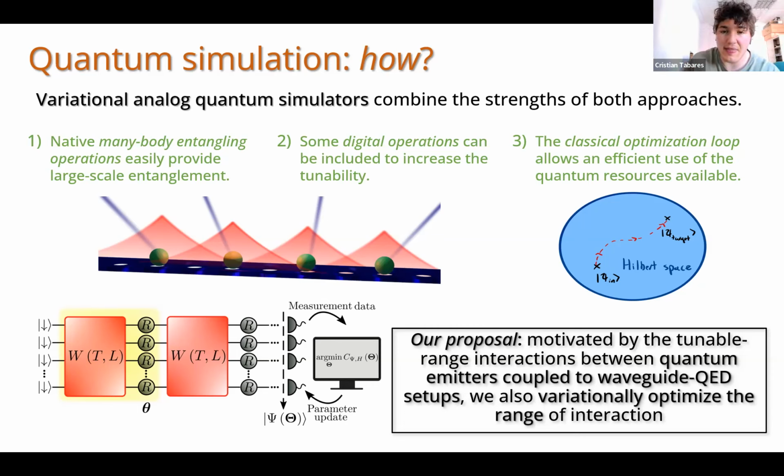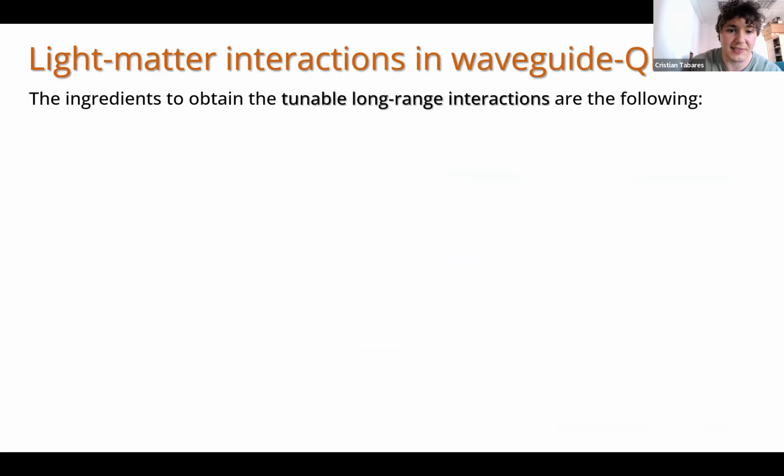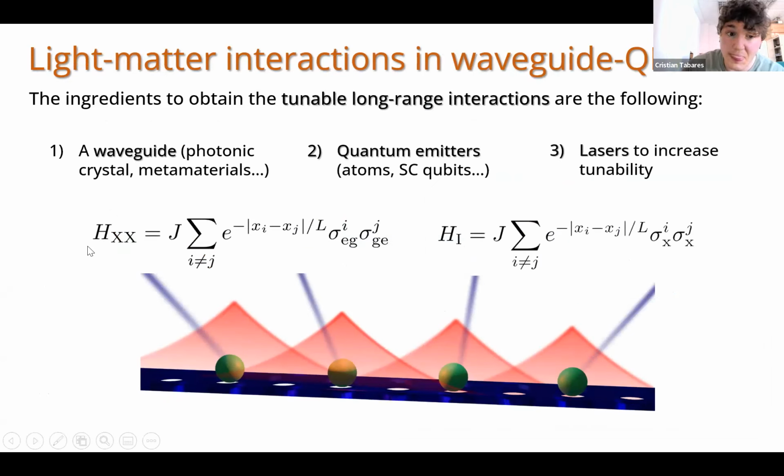I think the most important point when we discuss a variational analog quantum simulator is that we directly use these many-body entangling operations. For example, you can have that your system natively evolves with a Hamiltonian of this form. Let me just show you a Hamiltonian of this form. And you directly let it evolve under this Hamiltonian.